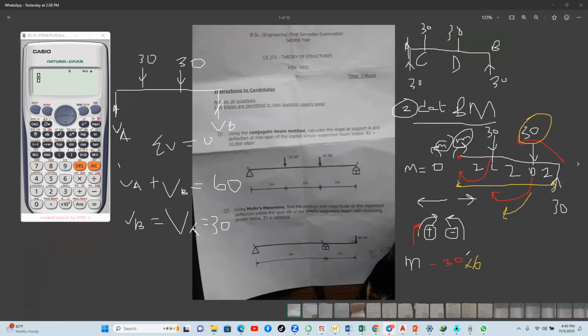So obviously it is going to be plus 30 by its distance from this end, where we are taking the moment about, to where the load is acting, which is 4. So 30 times 4. Very good.